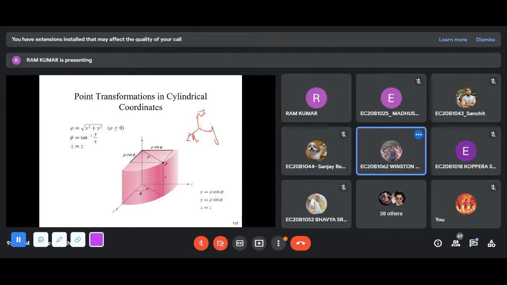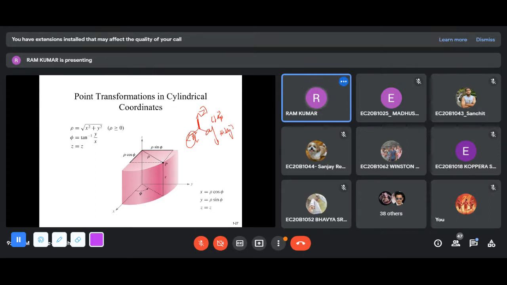Suppose we have some line charge over here. Due to the line charge, there may be some x component present, some y component present. That will have some value to indicate that, which is the a_y vector.